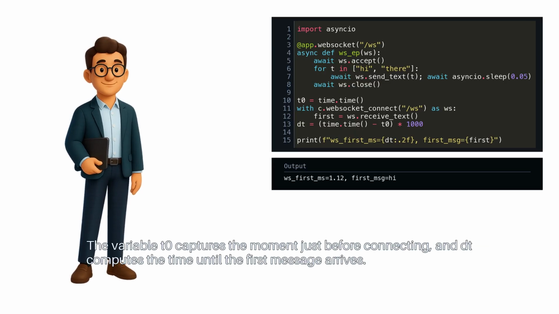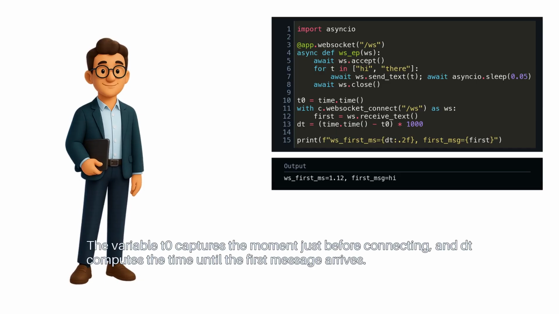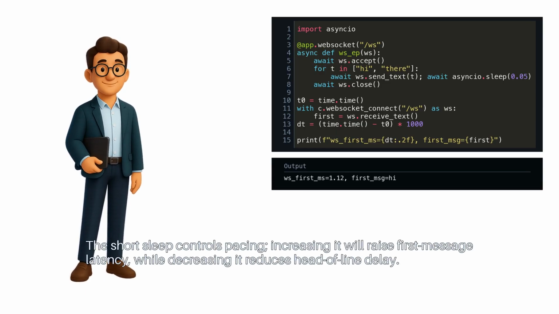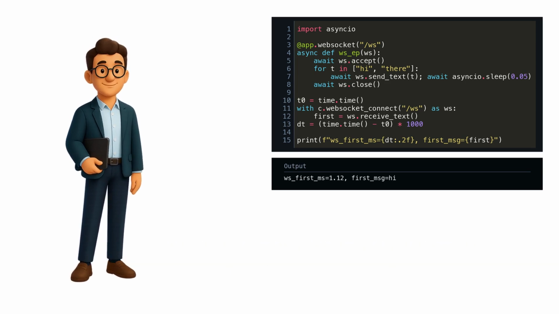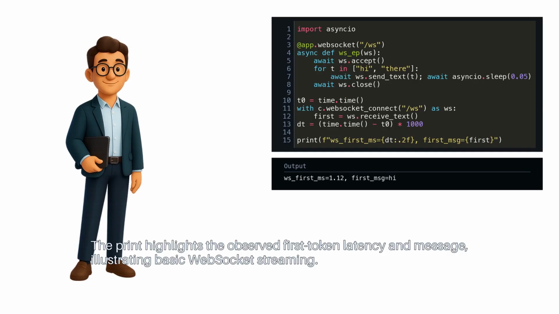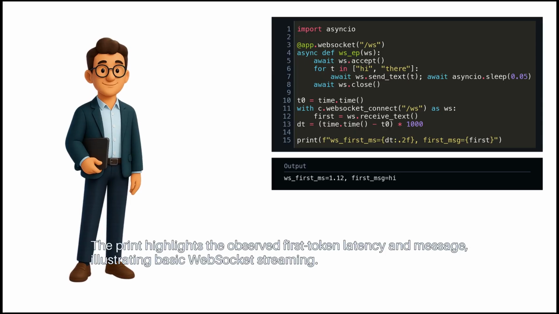The variable t0 captures the moment just before connecting, and dt computes the time until the first message arrives. The short sleep controls pacing. Increasing it will raise first message latency, while decreasing it reduces head-of-line delay. The print highlights the observed first token latency and message, illustrating basic WebSocket streaming.